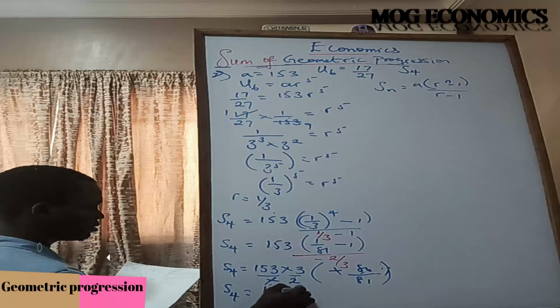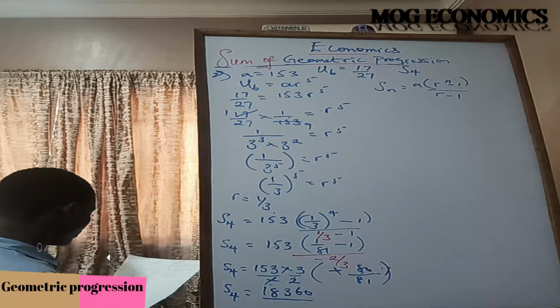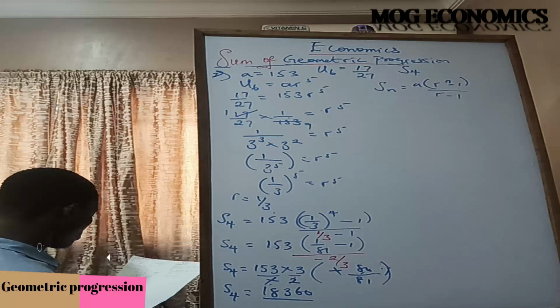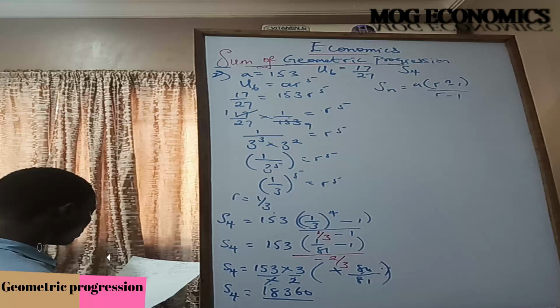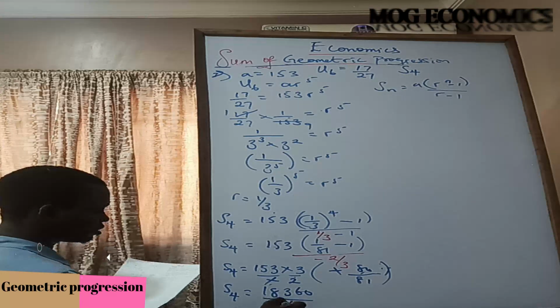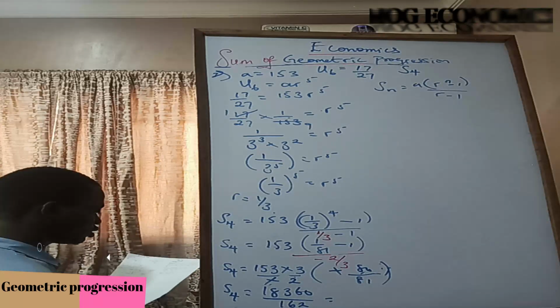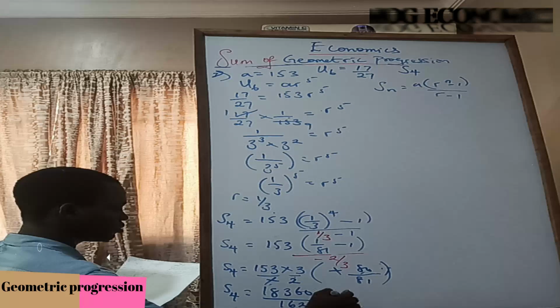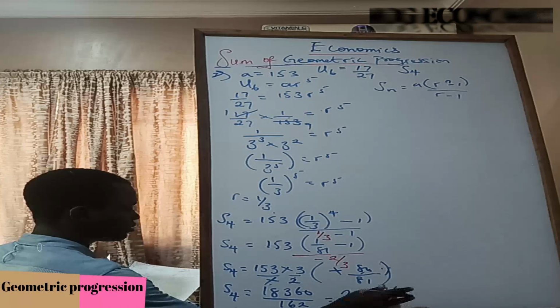So 18360 divided by 2 times 81 is 162. So finally, the answer is going to be 2262 over 3.